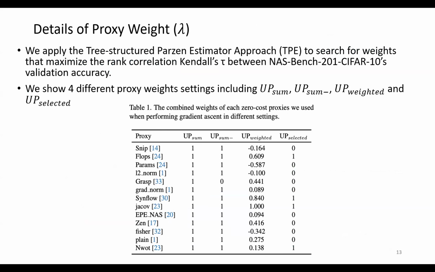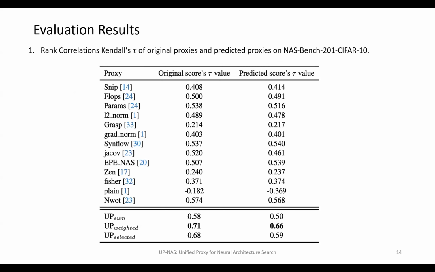Okay, so for the details of the proxy weight lambda, as we mentioned, we use TPE to search for the weights that maximize the rank correlation using the NAS-Bench-201 CIFAR-10 validation accuracy. We also do some quantization and have 4 kinds of such combination weights, and they are then fixed.